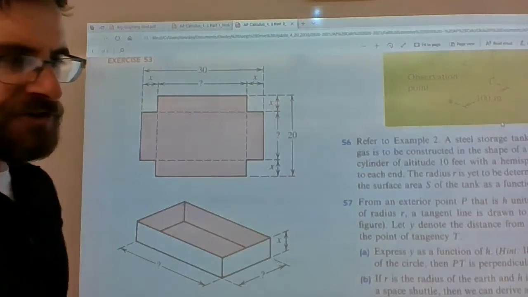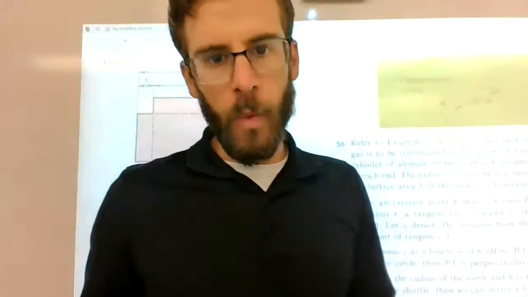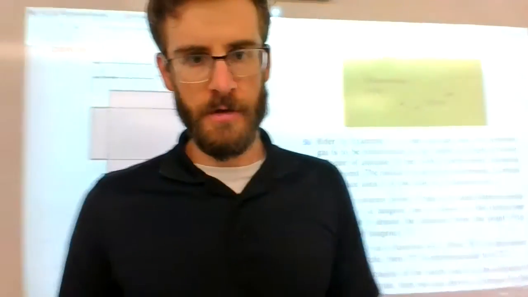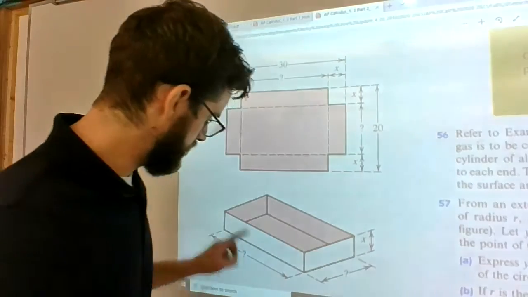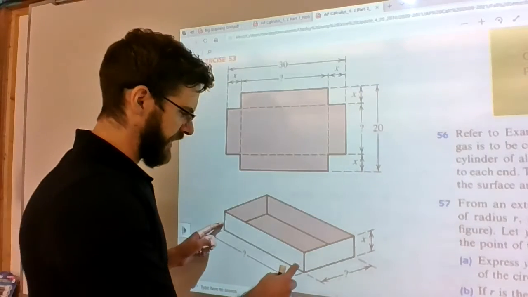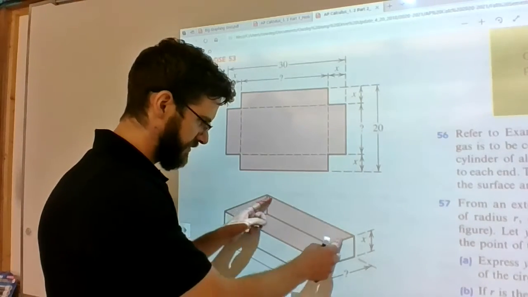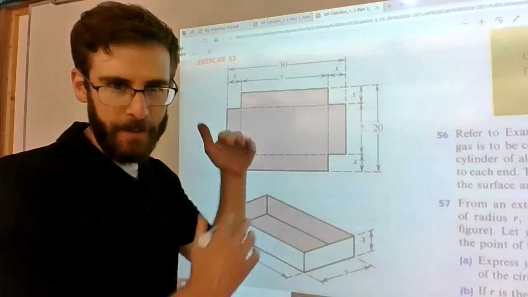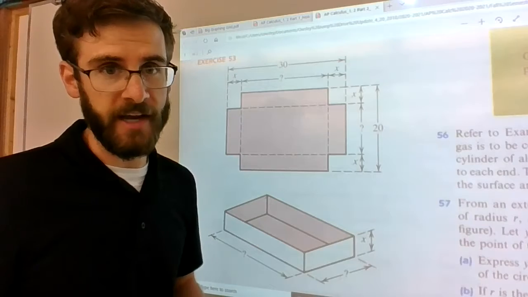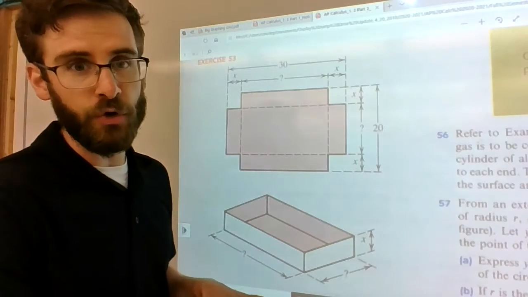So the first thing to establish is, what is the volume of a box? What kind of shape is this? Well, it's got rectangles on every part, with depth. That means it's a prism, in which the rectangle is the cross-section shape.